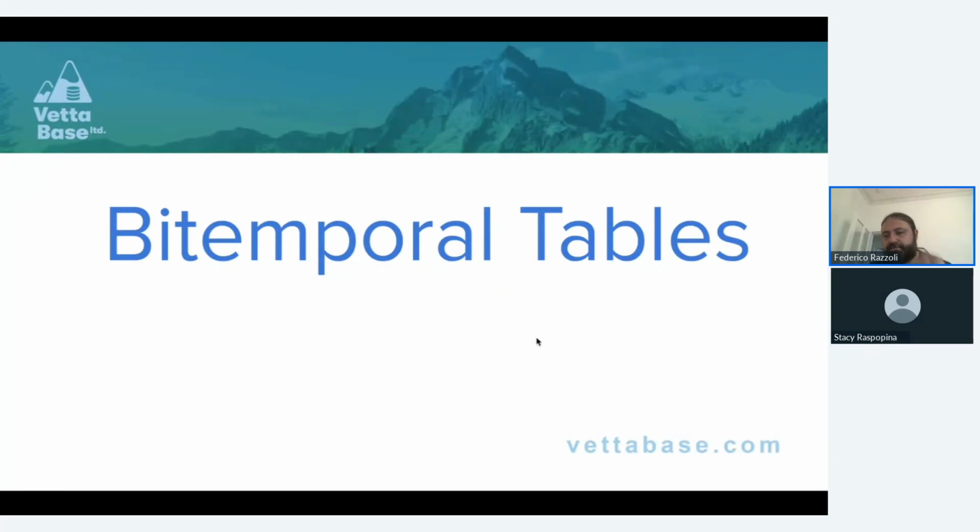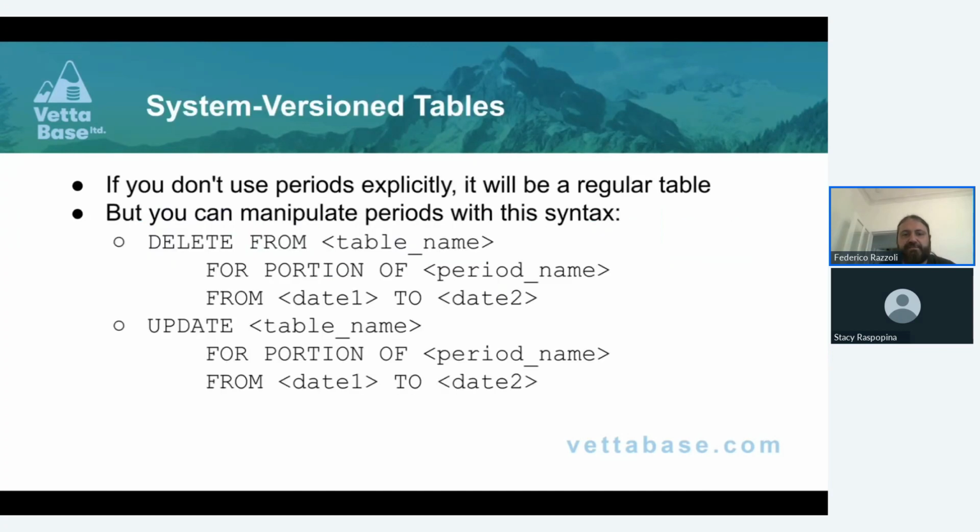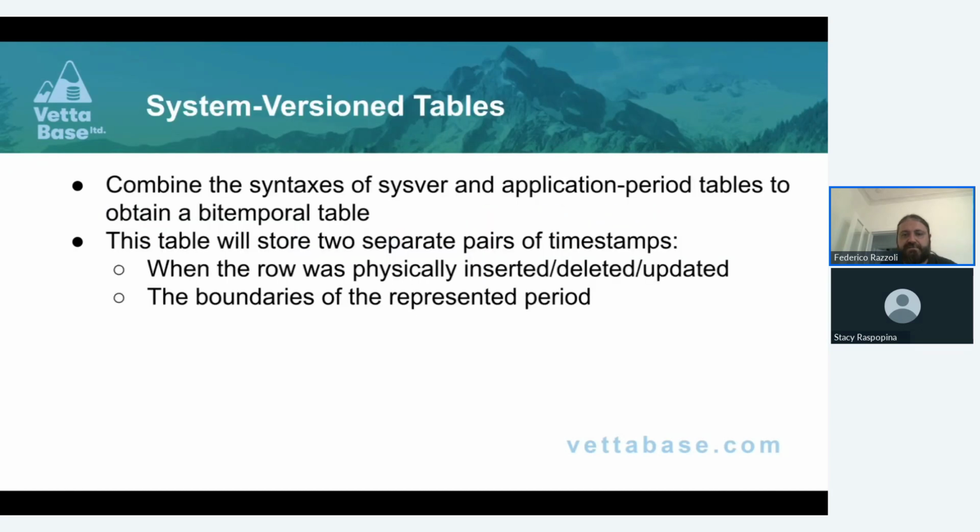Now, theoretically, we used all our time, but let me spend just a couple of minutes to explain something very briefly. Sorry, I messed up. So again, if we combine the syntaxes of system version tables and application period tables, we obtain a bitemporal table.